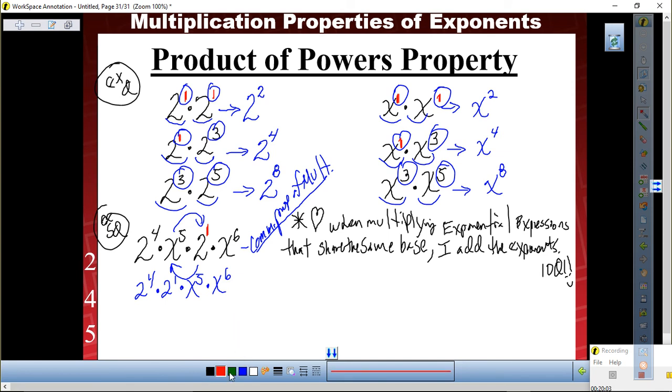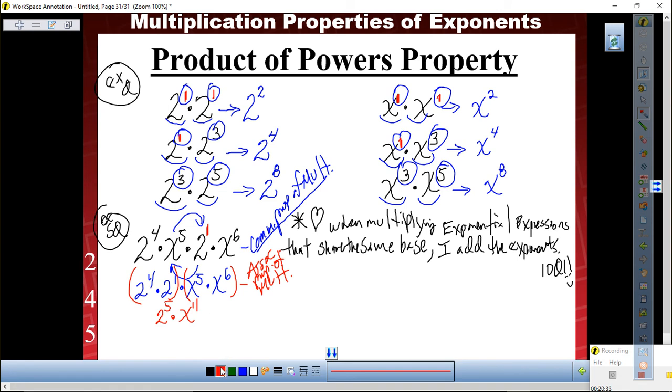All right? Next, to group them, we use what property? Everyone. Associative property of multiplication. All right, so this becomes what? 2 to the 5th power times x to the 11th. All right. Up to right there, we're done.